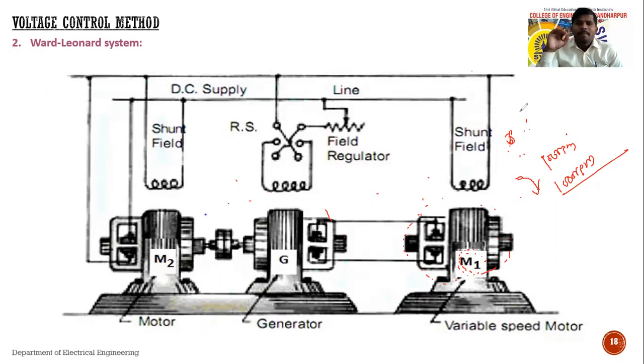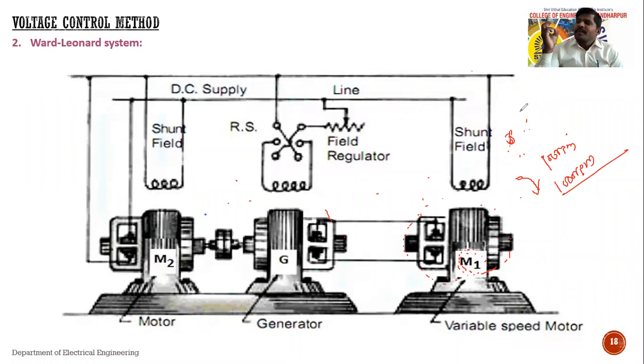It will be required to control the speed of a DC shunt motor by using the Ward-Leonard system. Ward-Leonard system मध्ये आपल्याला जर एखाद्या मशीनचं स्पीड कंट्रोल करायचं आहे, then we require one extra MG set, extra MG set पाहिजे.